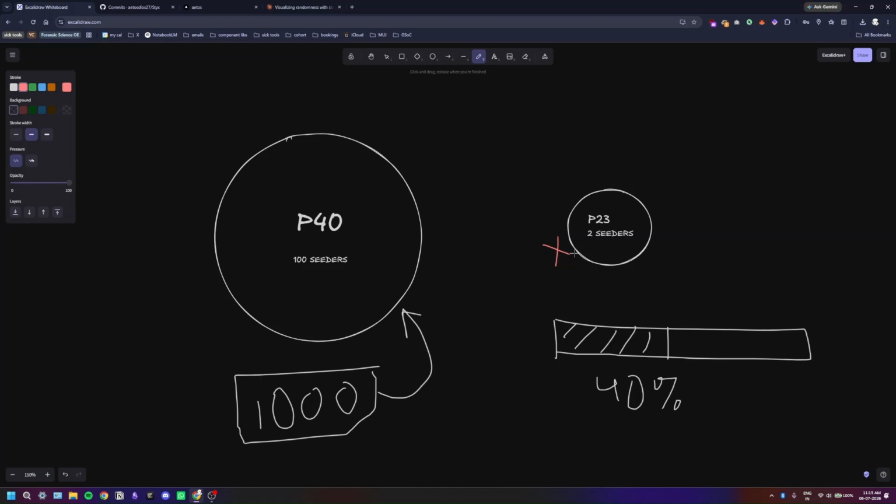And let's just say, in a very realistic scenario, that the two seeders who were supplying piece 23 log off their PC and go to sleep. Now piece 23 is not in the swarm anymore. In the entire swarm, there is no piece 23. So everyone got piece 40, sure, but no one got piece 23. And the download will then be stuck.